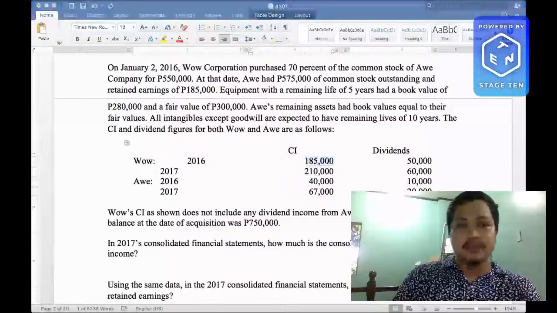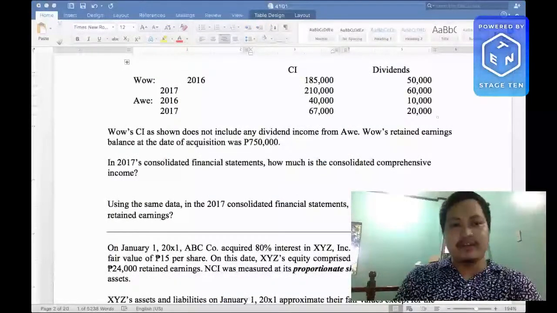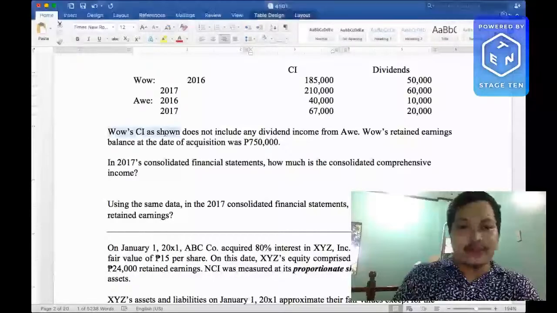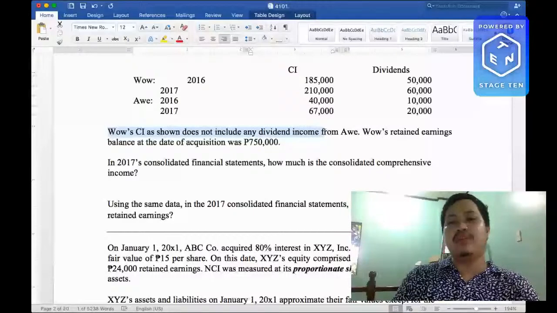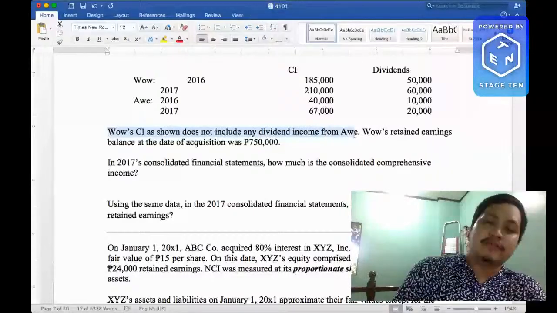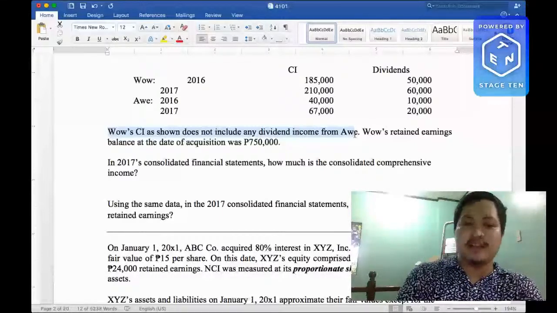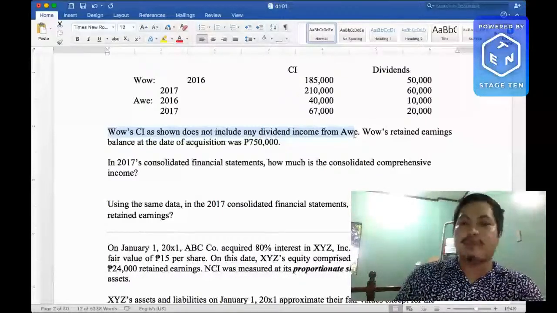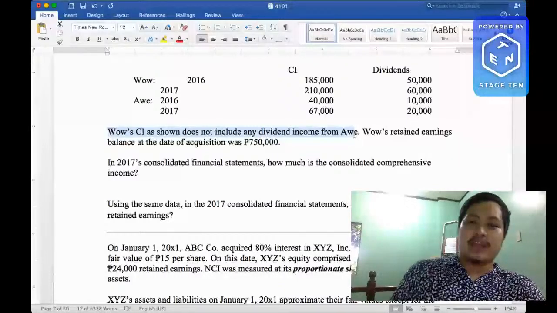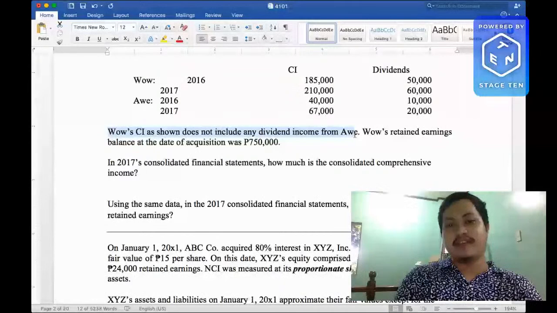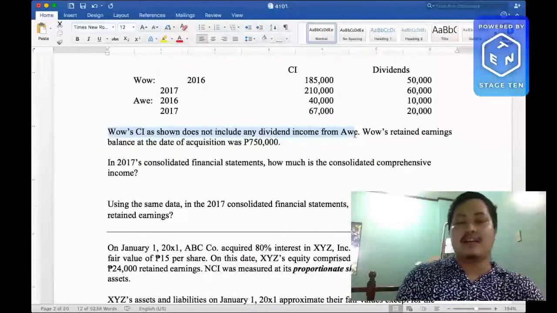Read the next set of figures. WOW's comprehensive income as shown does not include any dividend income from O. Since the problem expressly stated that it did not include any dividend income class, then there's nothing to remove from the 185,000. So, can we use the 185,000? The answer is yes.